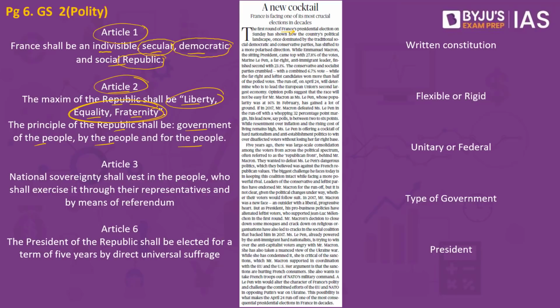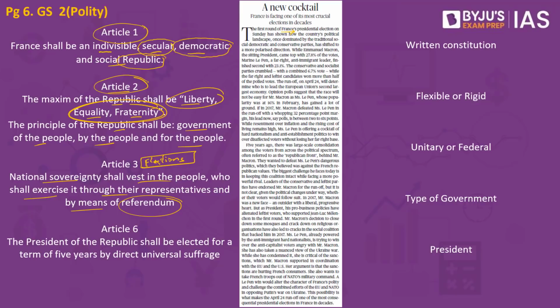Then we have Article 3, which says national sovereignty shall vest in the people, who shall exercise it through their representatives by means of referendum. What do we understand by this? Here, the article is speaking about elections. Anyone who has attained majority would be able to vote in the elections, which means that political sovereignty is given to the people.